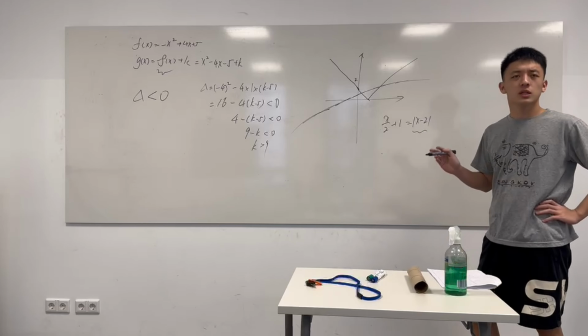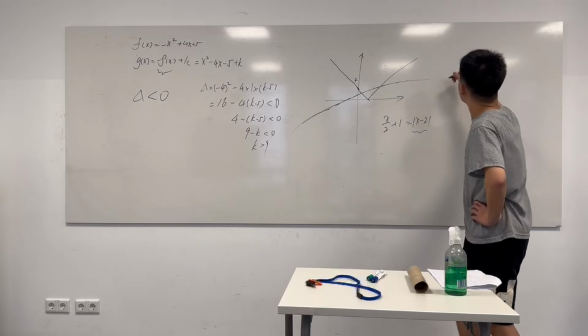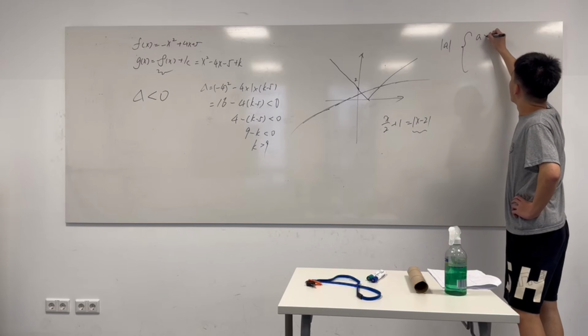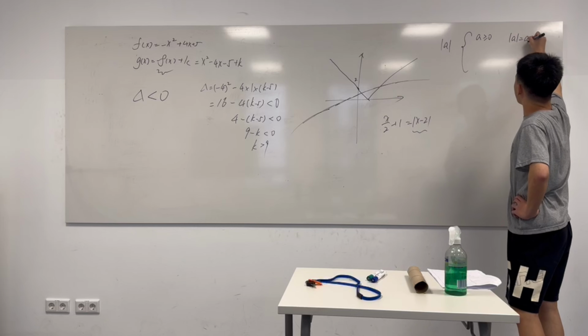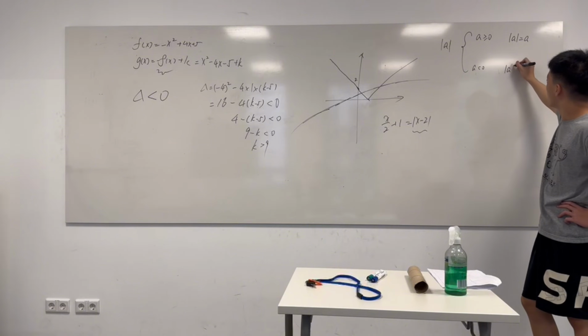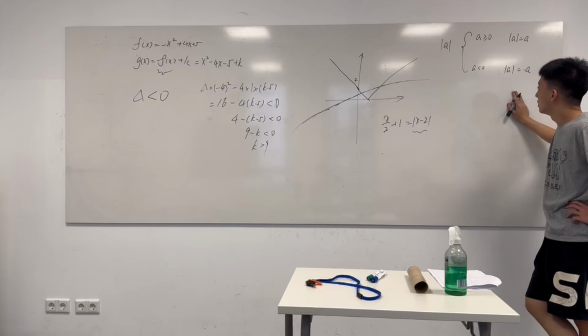Here are two situations for the absolute value of something. Remember this. When a is more than or equal to 0, the absolute value of a is equal to a. When a is less than 0, the absolute value of a is negative a. Do you guys remember this? Why?